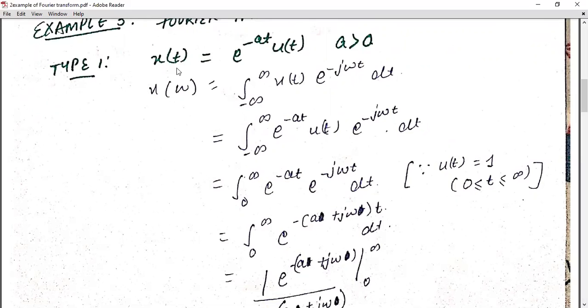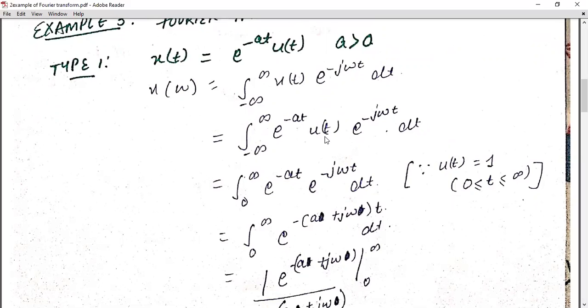So we have to find the Fourier transform of x(t), which is X(ω). The formula is the integral from minus infinity to infinity of x(t) e^(-jωt) dt. Substituting e^(-at) u(t) in place of x(t), we know that for u(t), the unit step function is always positive.